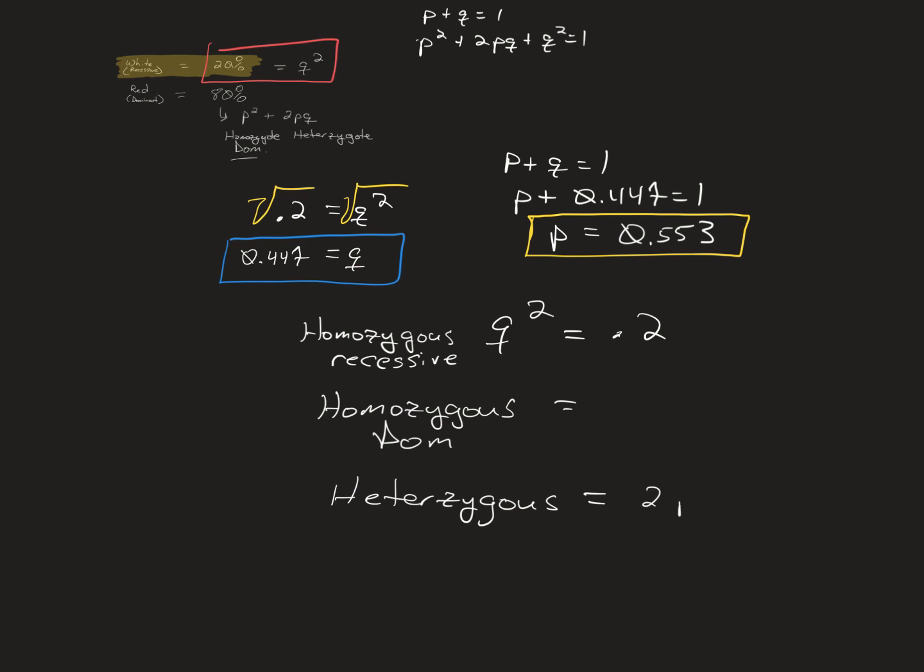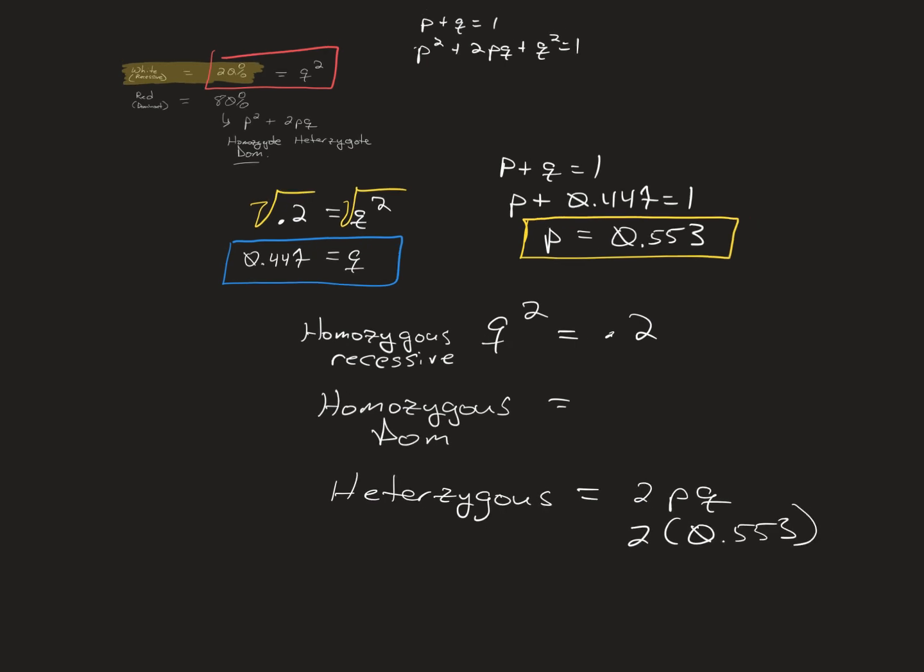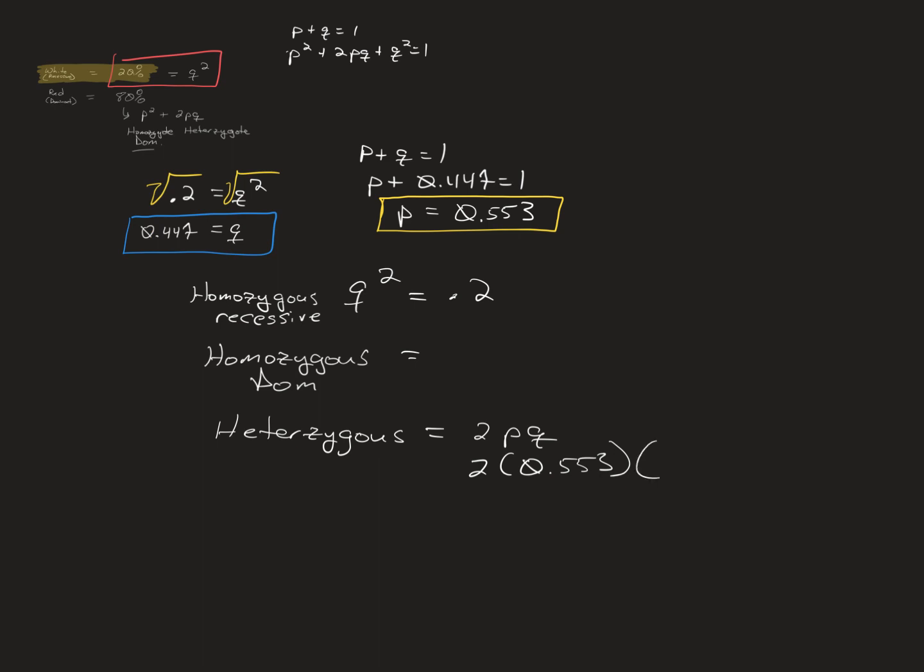That's 2PQ. That's 2 times P, which is 0.553, times 0.447. Someone do the math, please.